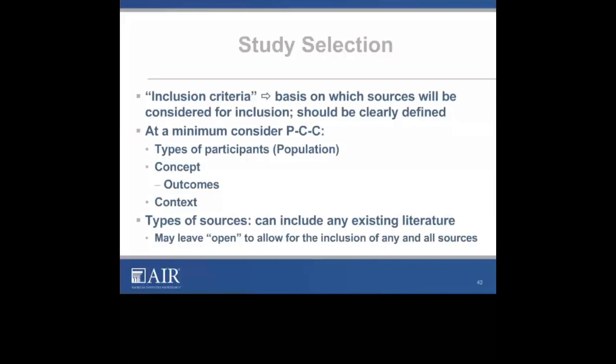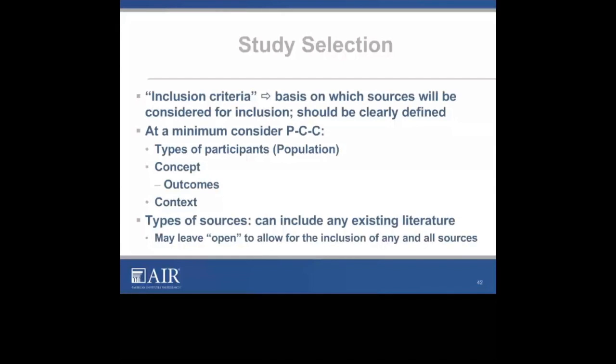Again, at a minimum, for those inclusion criteria, the review team would consider what population or populations we are aiming for, what concepts we are interested in, meaning could be several interventions under a larger theme, what outcomes might be targeted or might play a role in this larger concept, what is the entire context and background for the literature body of interest.